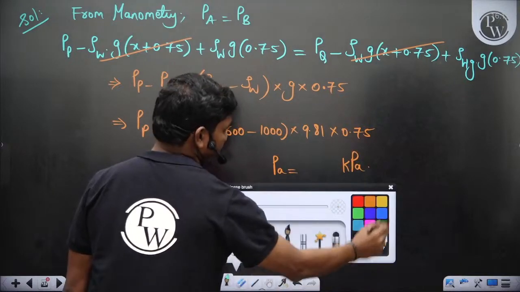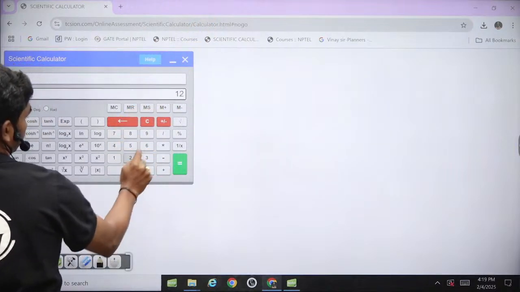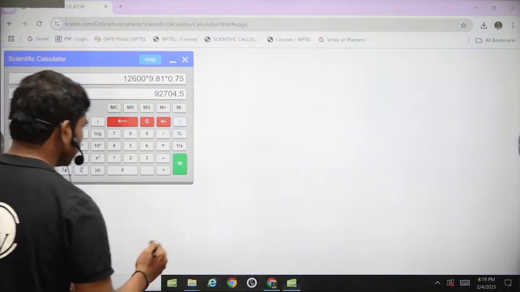So just pick up a calculator and punch some keys. Then 12,600 into 9.81 into 0.75, 92704.